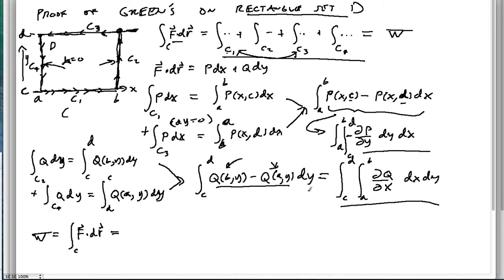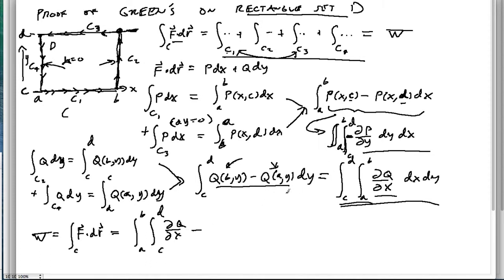And of course, because all of these functions are smooth, we assume that they're continuous and all of that. We can switch the orders of integration on this integral or that integral, and we can get a to b, c to d of, we'll write that one there. It's going to be partial of q with respect to x.